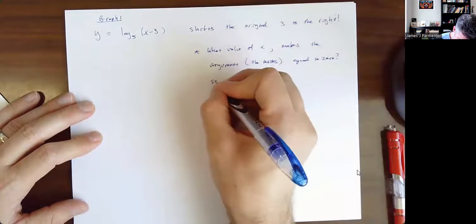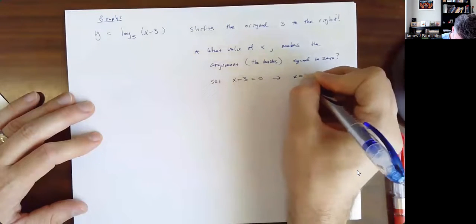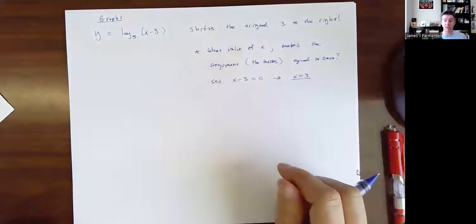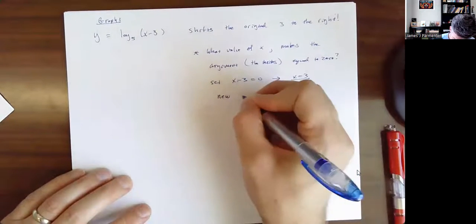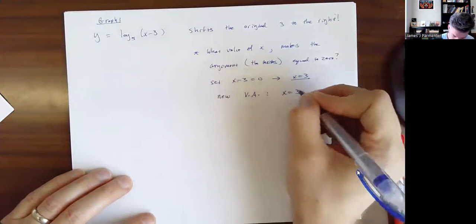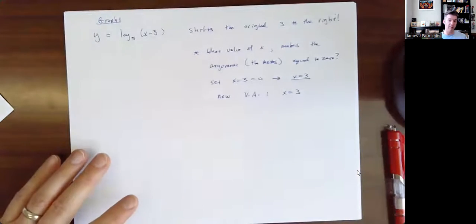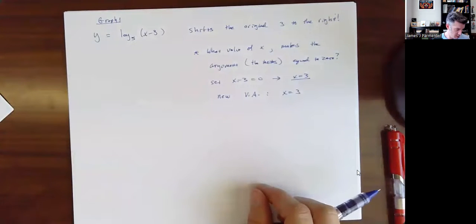Well, if I set the insides equal to 0, I just get x equal to 3. And that's where our vertical asymptote is going to be. So the new vertical asymptote is x equal to 3, which means I've shifted my vertical asymptote that was x equal to 0, 1, 2, 3 to the right.